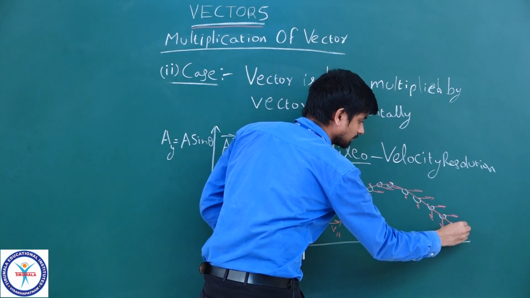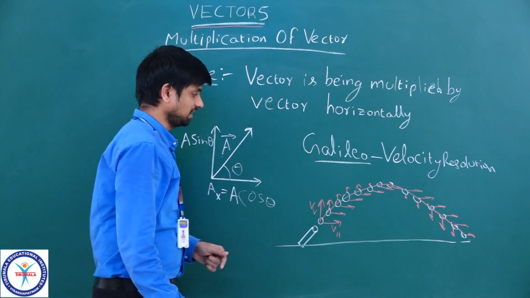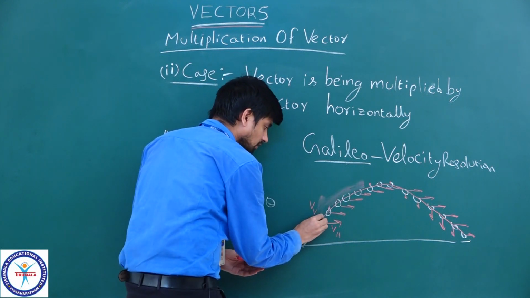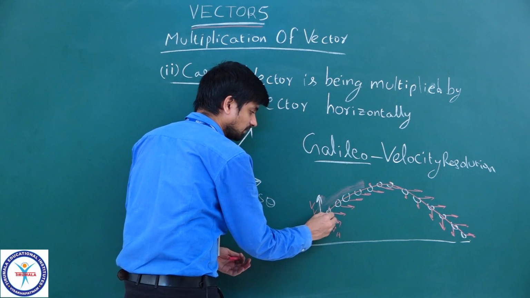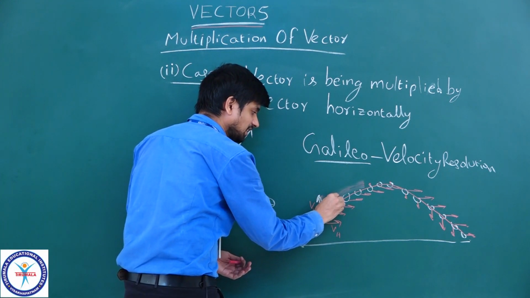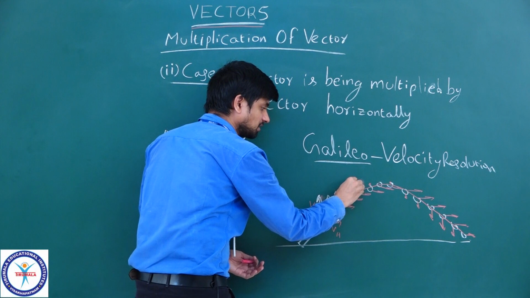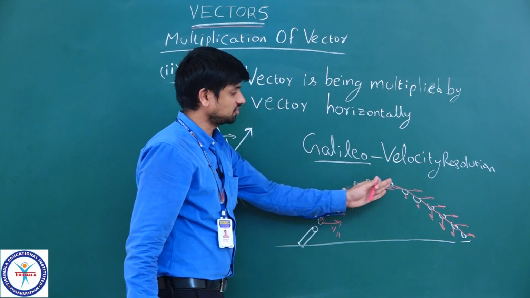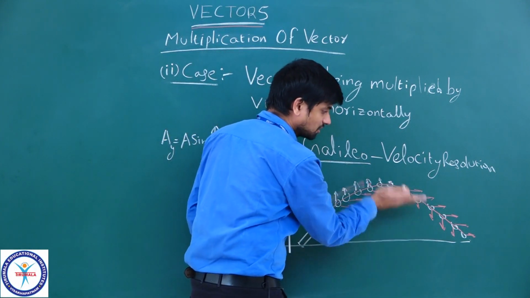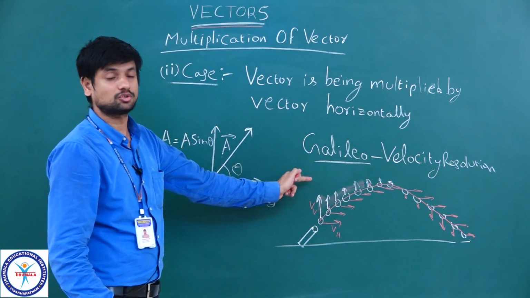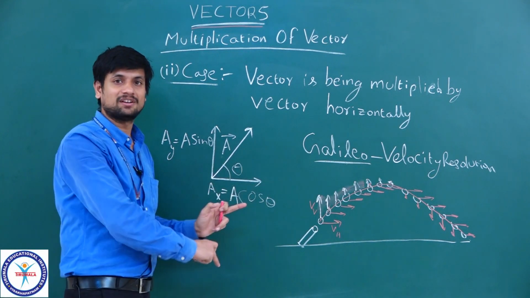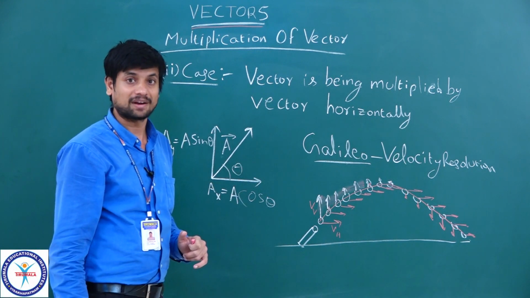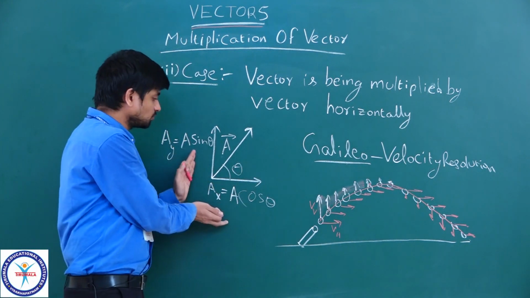I am drawing this here: the vertical component decreases with height, becomes 0 at maximum height, and then increases again downwards. We apply this for every physical quantity which obeys the vector algebraic rules.